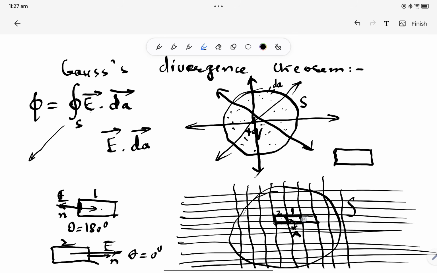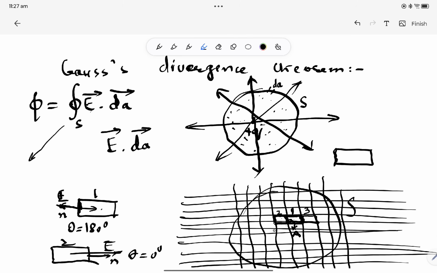Similarly, when flux through this is calculated, this also forms a part of two cubes. For cube number 3, flux through this is negative. For cube number 1, it is positive. It cancels out.